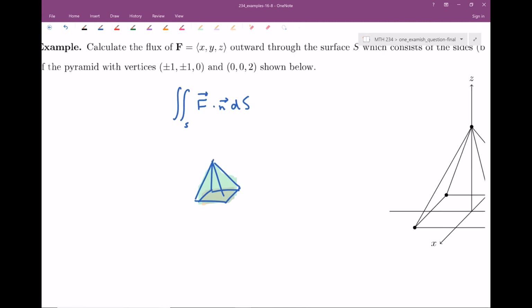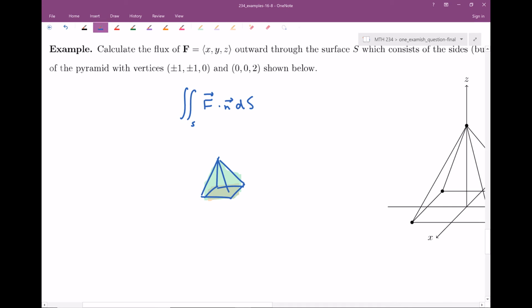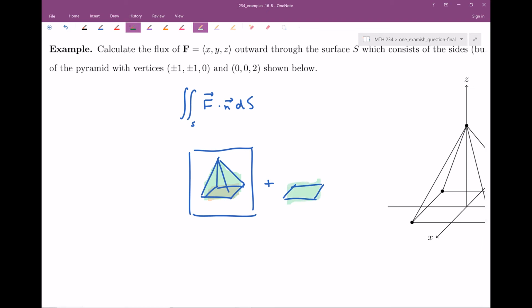So the idea here is that even though this is the one that we want, we're going to temporarily add in the bottom. So here's maybe the bottom. And that will give us the overall pyramid with all of the sides and the base.